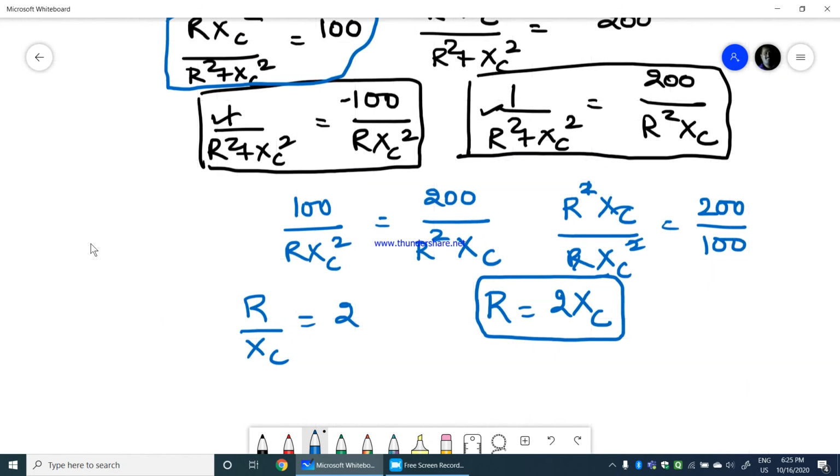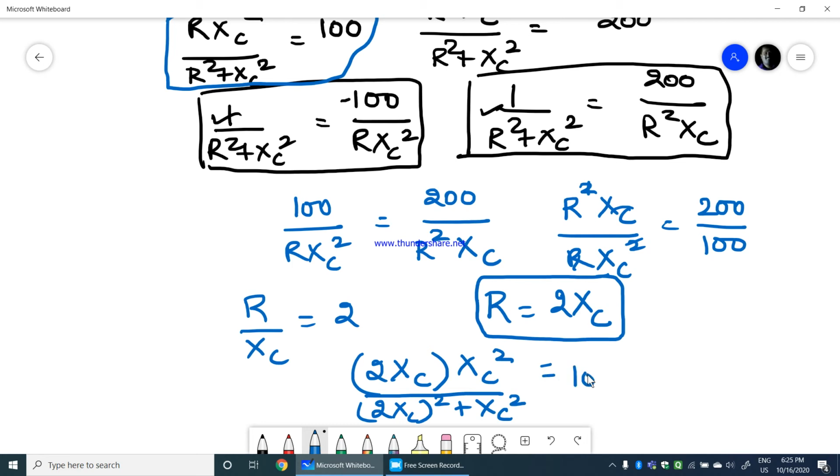So that is R x Xc square. Therefore I'll say R is 2Xc. So 2Xc into Xc square divided by (2Xc) square plus Xc square equals 100.